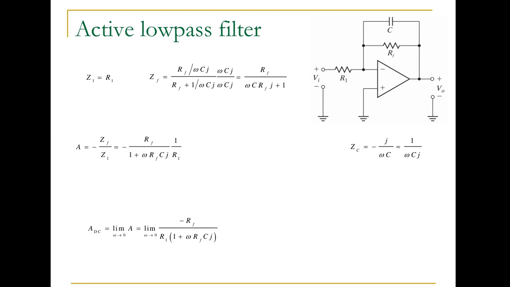Examining the effect of this op-amp at DC input, so at constant input, we can take the limit of the amplification as omega goes to 0. And so we just get that the capacitor has no effect, so it's the same gain as if we didn't have the capacitor in the DC case.